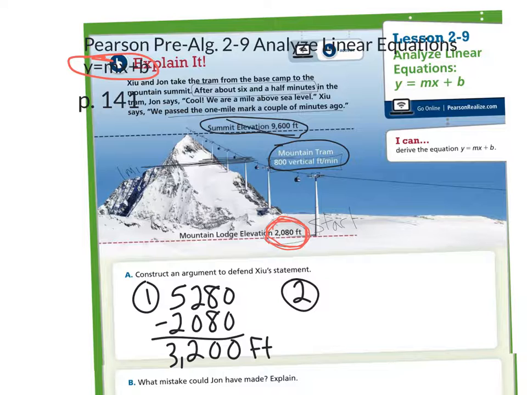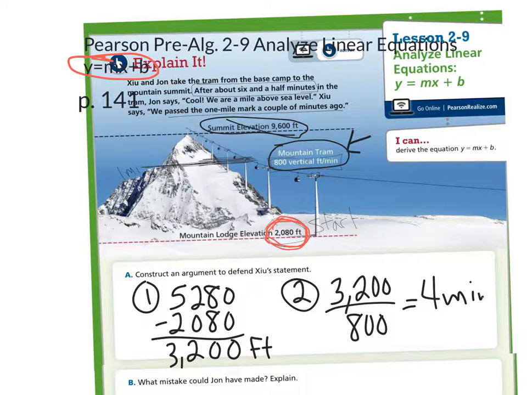And then since the tram's going 800 vertical feet per minute, if we take 3,200 divided by 800, that's going to tell us how many minutes that's going to take. When you divide that, it's 4, and that means it would take 4 minutes for us to get to that 5,280 foot mark, which is our mile above sea level point.